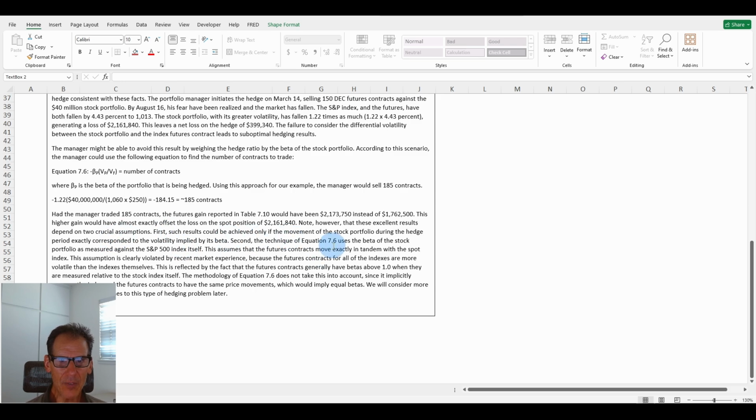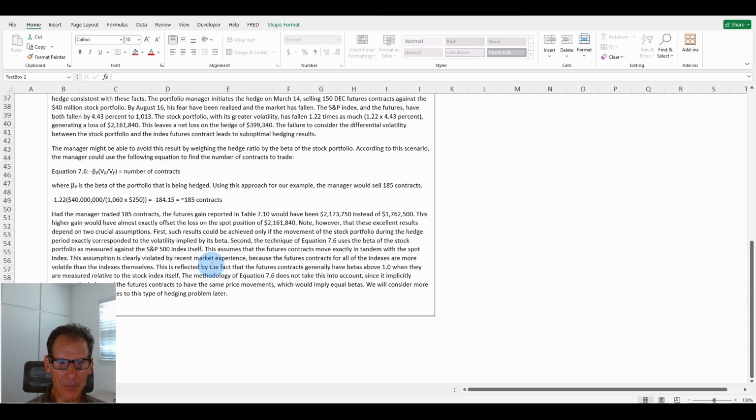Second, the technique of equation 7.6 uses the beta of the stock portfolio as measured against the S&P index itself. This assumes that the futures contracts move exactly in tandem with the spot index. This assumption is clearly violated by recent market experience, because the futures contracts for all of the indexes are more volatile than the indexes themselves.